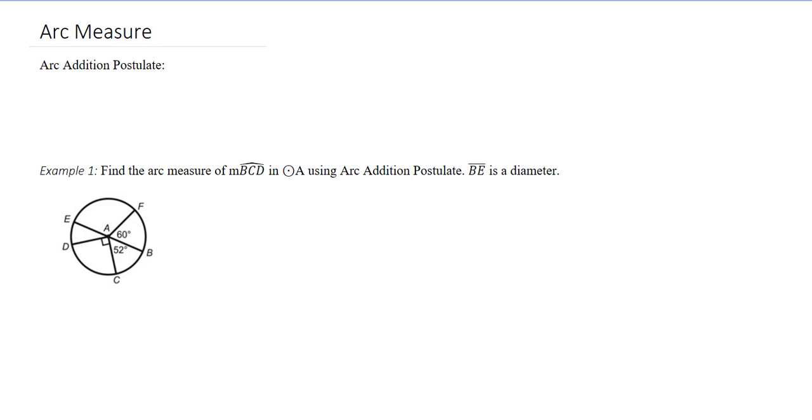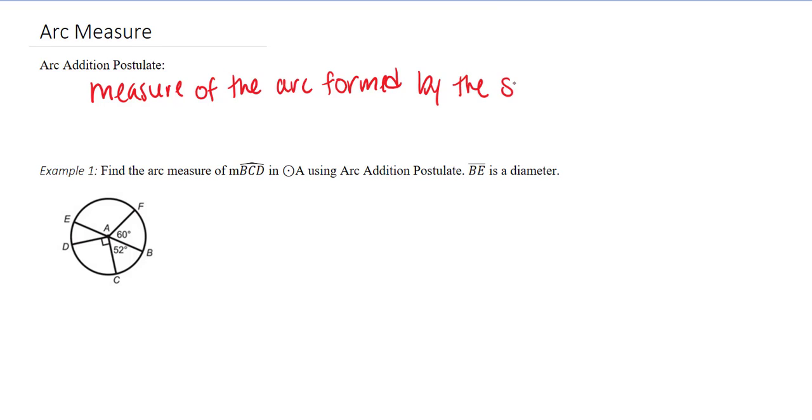Arc measure. So in this one, we need to go over another thing, which is the arc addition postulate. That is the measure of the arc formed by the sum of two adjacent arcs.